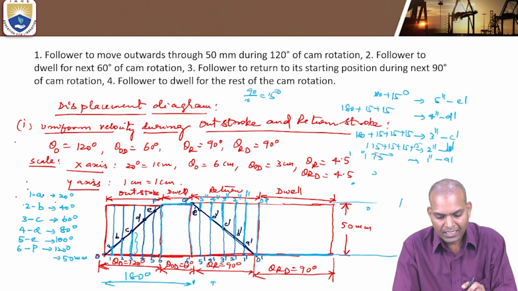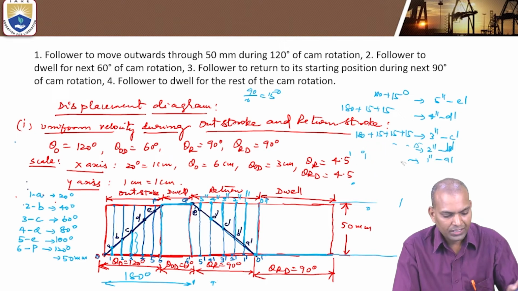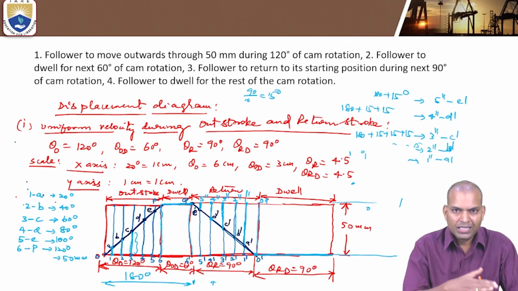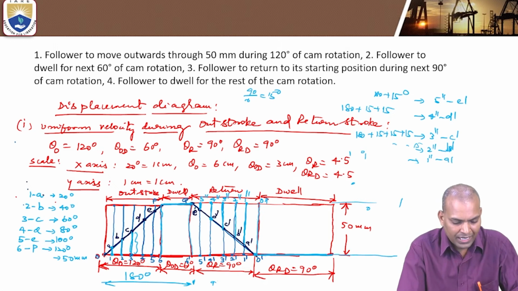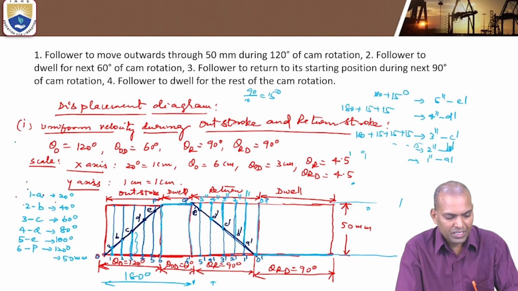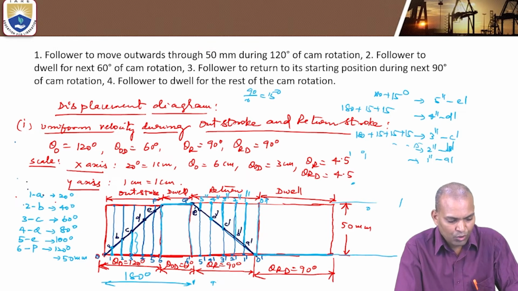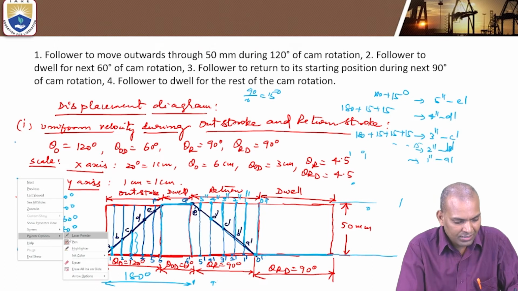The same diagram continues for the rest, for the next cycle, for the next rotation of the cam. In that manner, this is the shape of the displacement diagram when the follower is having uniform velocity motion, for a number of cycles.